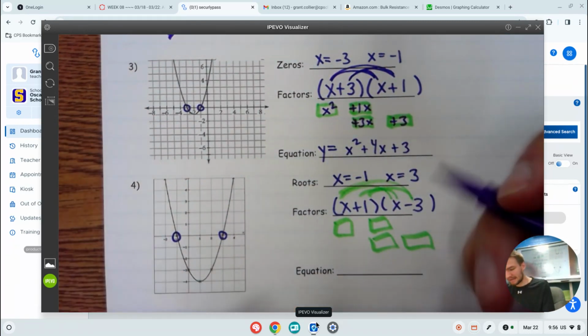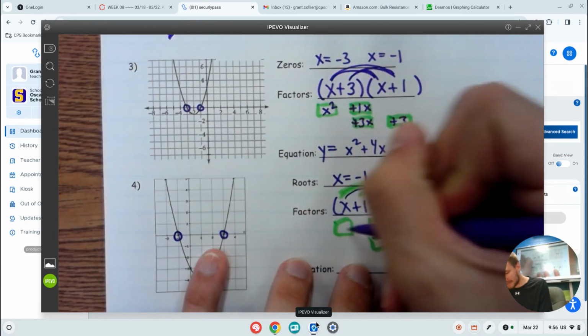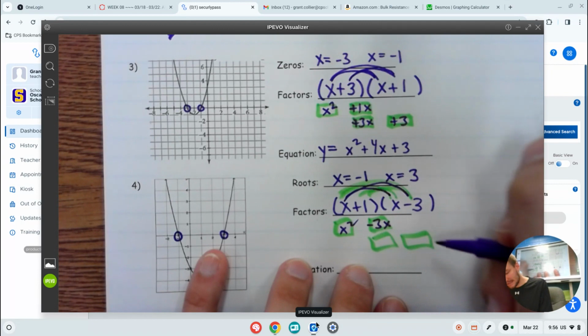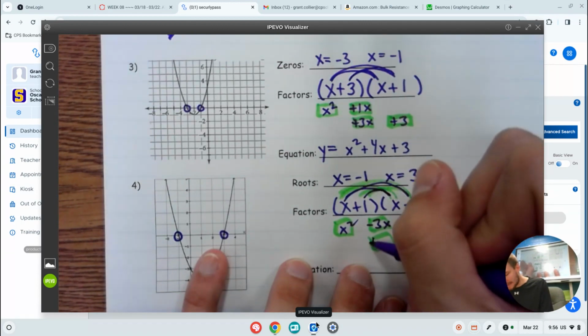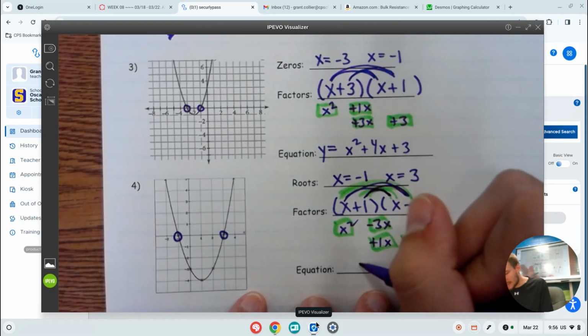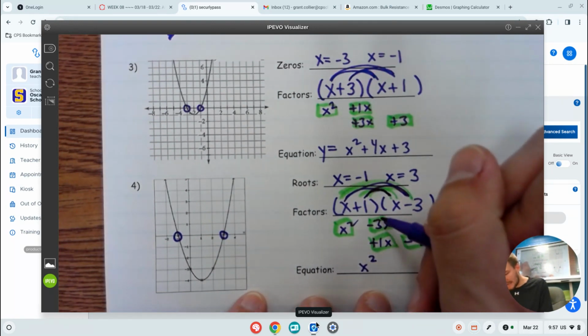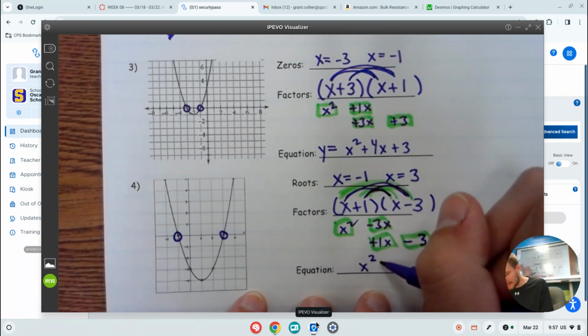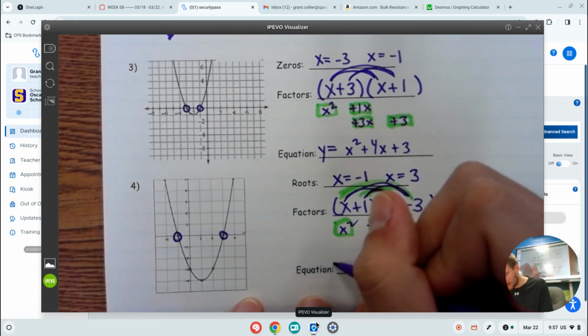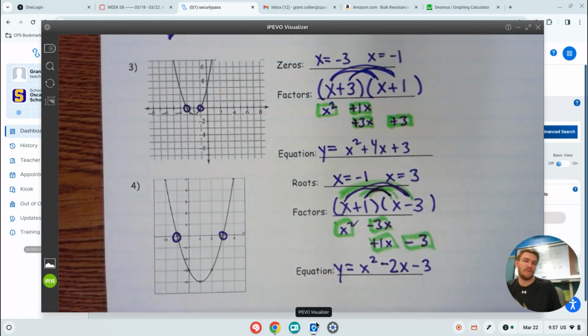Make sure you're taking your negative seriously. x times x is x squared, and x times -3 is -3x. That's going to be 1x and -3. Combine those middle two. -3 plus 1 is -2x, minus 3. And then make sure you have the y equals at the front.